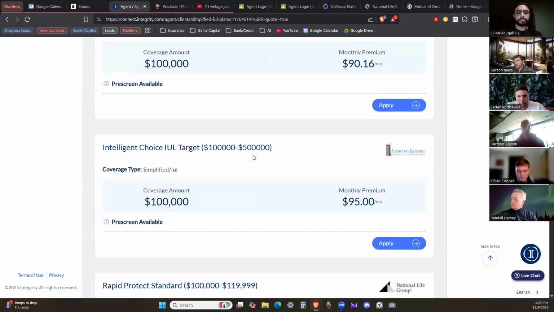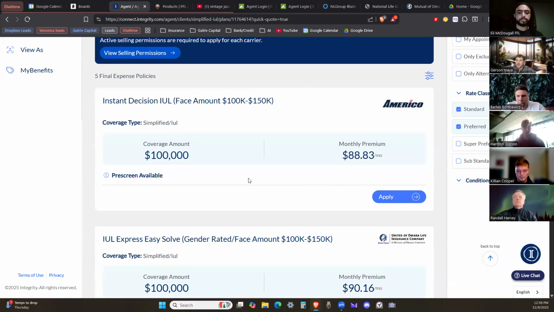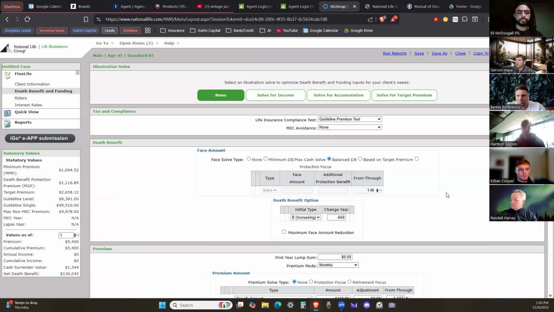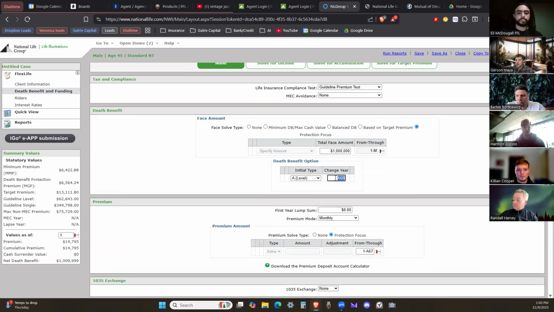It just says right here 500,000. So if it's anything more than 500,000, or more than that number, for any type of death benefit focused IUL, NLG is also great because of their protection focus. Death benefit funding: F&G and NLG are more intuitive and personable than Americo and Mutual of Omaha, basically.